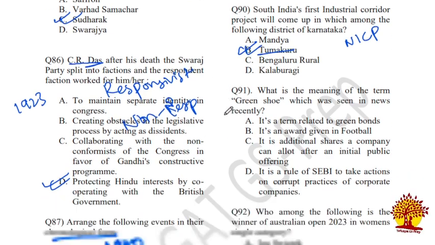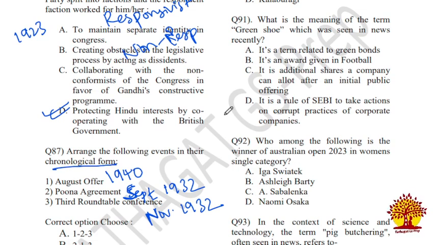Next one, 91st question. What is the meaning of the term green shoe, which was seen in the news recently? Green shoe means an additional share of the company that can be allotted after the initial public offering. A company will first offer an initial public offer, like you may have heard in the news, IPO.